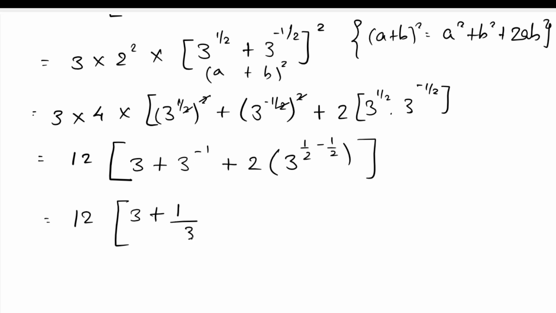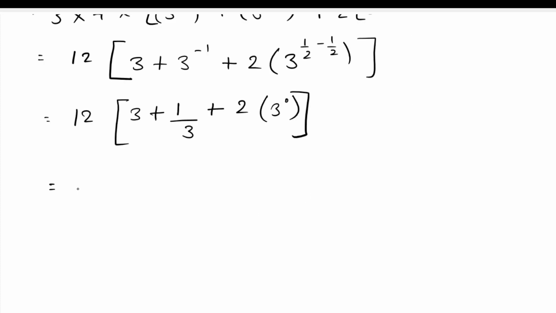So this will become 1 by 3 plus 2 into 3 to the power 1 by 2 minus 1 by 2, which is 3 to the power 0. So this will become 12 into 3 plus 1 by 3 and 2 into 3 to the power 0 is 1. So this will be plus 2.